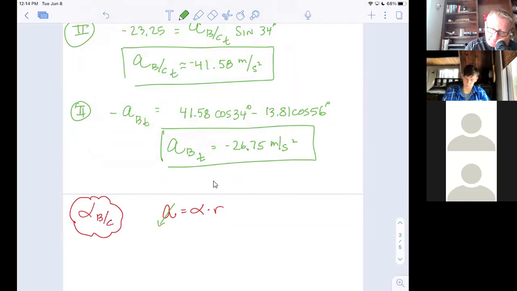Well, that I know. And notice this was a speed thing. This wouldn't work if this was normal, but I'm referring to this up here, in other words, the negative 41.58, because this pertained to tangential, the speed change version of acceleration. And the radius of BC was something I knew, that was 5.8.